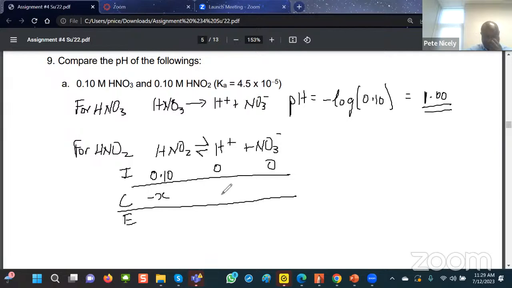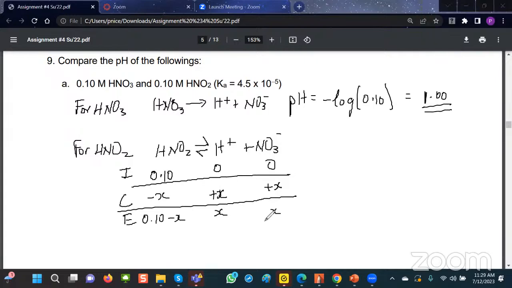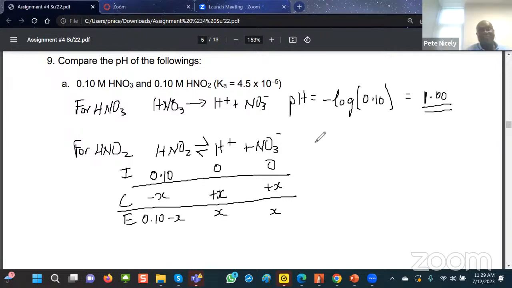Okay, so plus X here, and plus X here. Okay, what next? So down here, you're going to have 0.10 minus X, X here, and X here. Okay, what's the next step? You plug that into the Ka equation. So it ends up being X squared over 0.1 minus X.